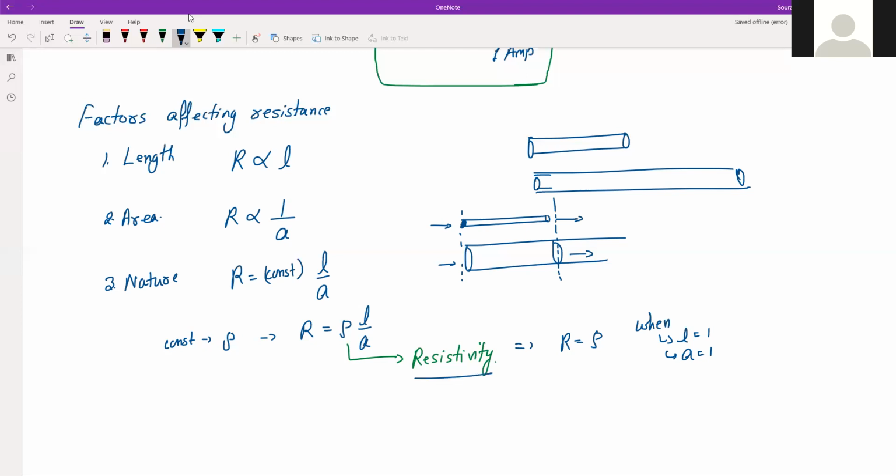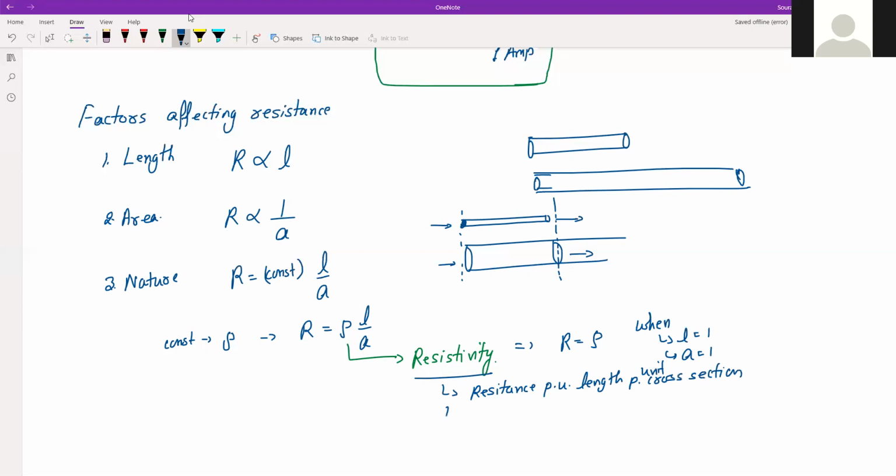So resistivity is the resistance per unit length per unit cross section.